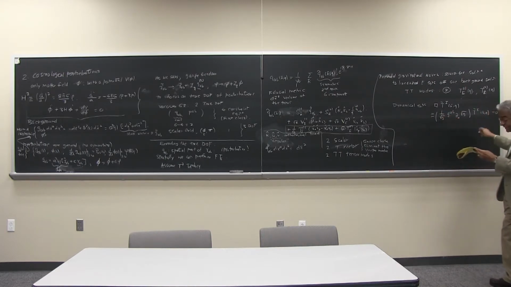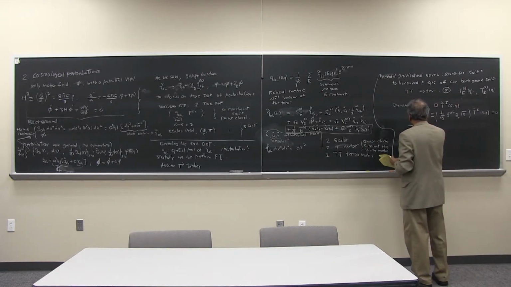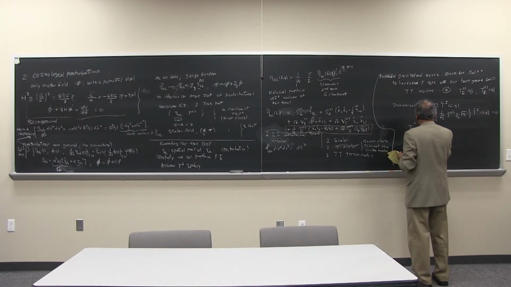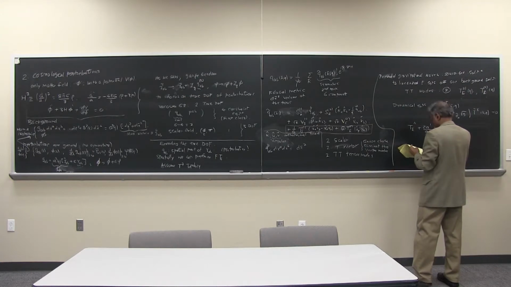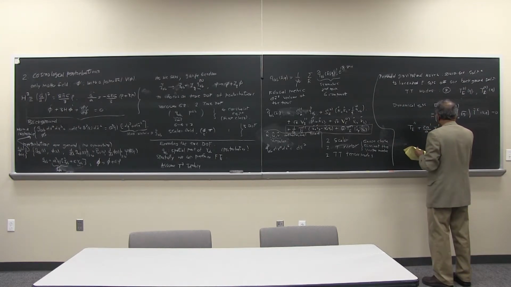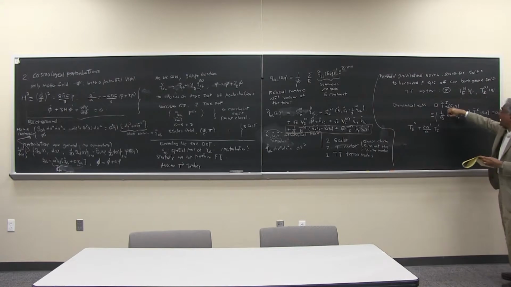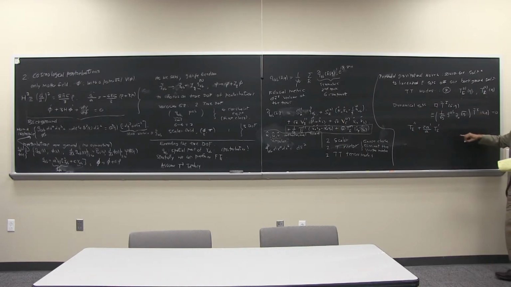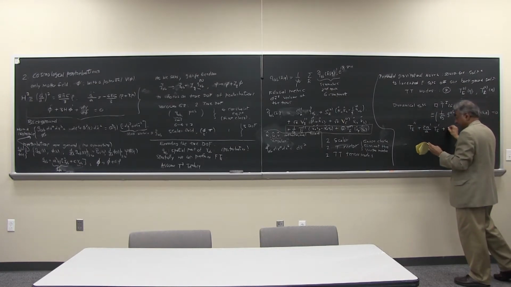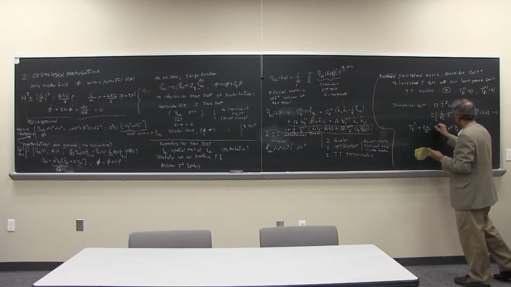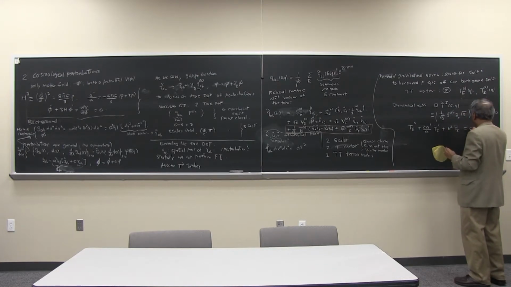When you expand this out, you just get T double prime of k plus 2a prime upon a times T prime of k, plus k squared T. Now I'm just dropping the index i because the equation is the same for i equal to 1 and 2, so there's no reason to keep it.